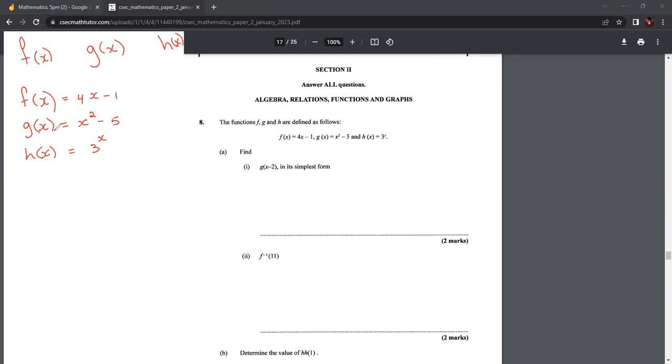If they ask for g of 3, wherever you have x, you're going to substitute 3. Same thing for h of x, wherever you have x, and they give you, let's say, h of 2, you're going to substitute 2. So basically with functions, at this stage, it's just substituting.